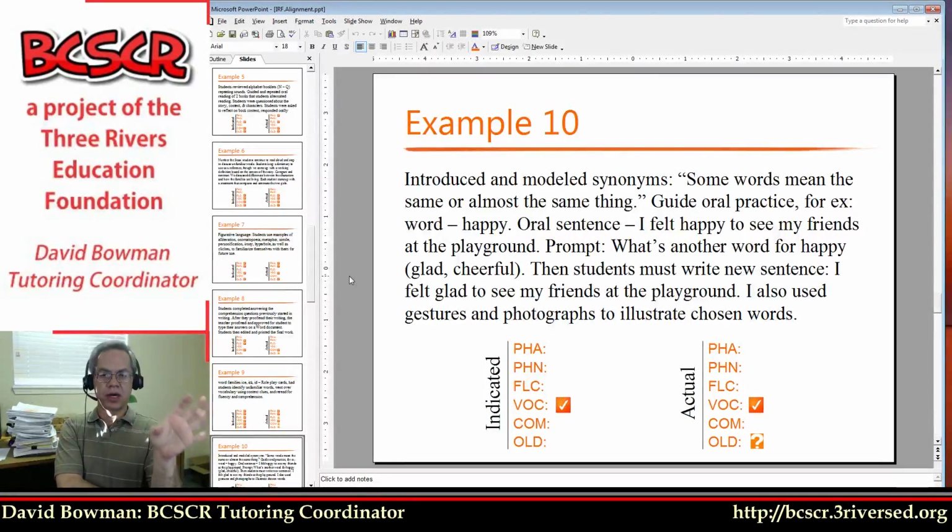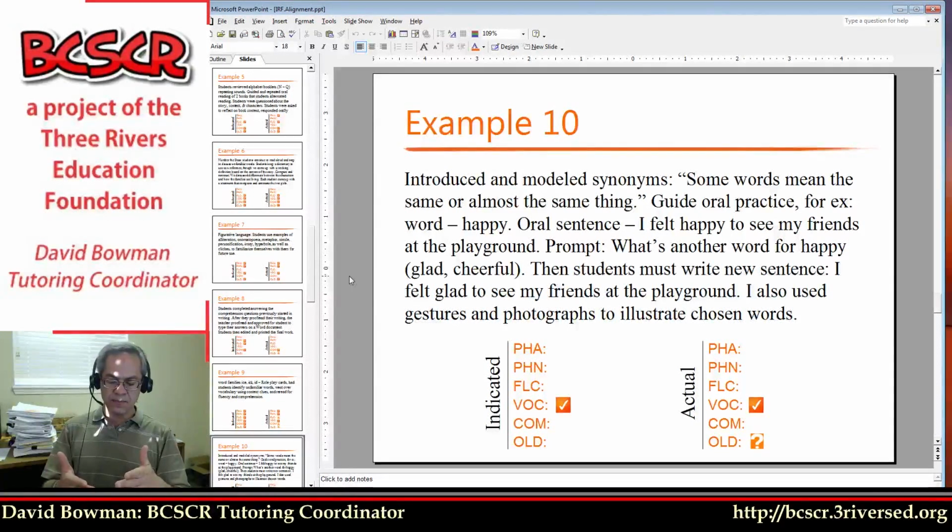That's actually a pretty good description of what happened during this session. I could actually probably recreate that session using this description here. I know exactly what happened. This was a 2-hour session, and this is all that happened during that 2-hour session. What the tutor indicated addressing is vocabulary.